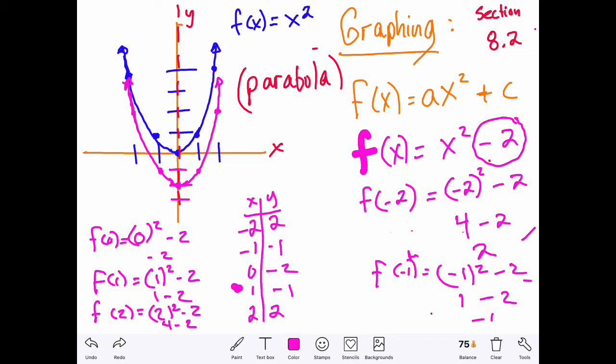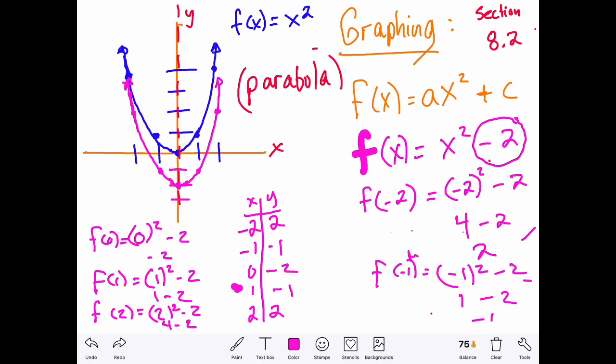So I basically took my whole function, f of x equals x squared, and I shifted it down 2 units. Then I made an xy table, picking my same 5 values, -2, -1, 0, 1, and 2, plugged in for x and solved for y. And I got this shape. So basically it takes the same shape as f of x equals x squared, except it's shifted how? Down 2.